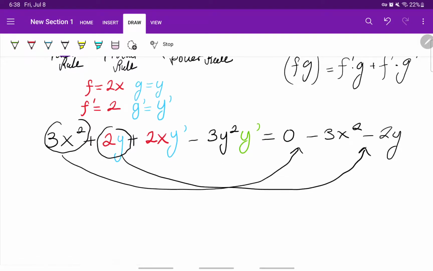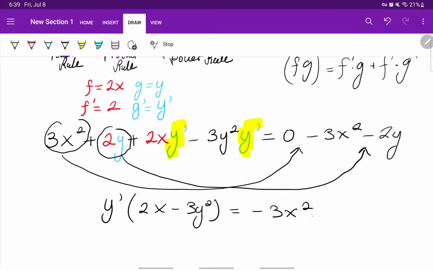So on the left side, I am left with 2x y prime minus 3y squared y prime. Both of these terms have the y prime. So I'm going to factor out my y prime. So y prime inside of my parentheses, 2x minus 3y squared. And that's equal to negative 3x squared minus 2y.